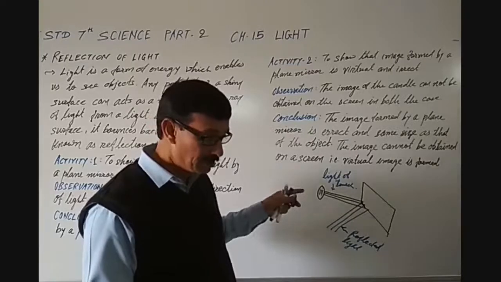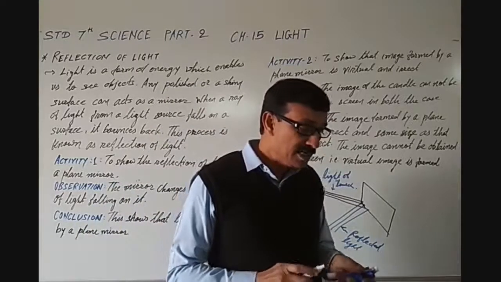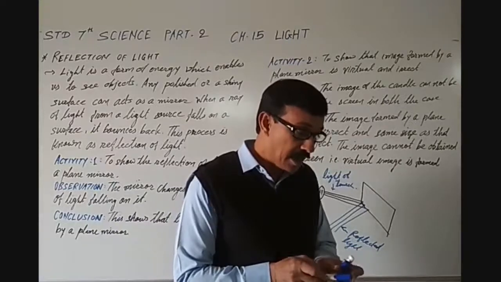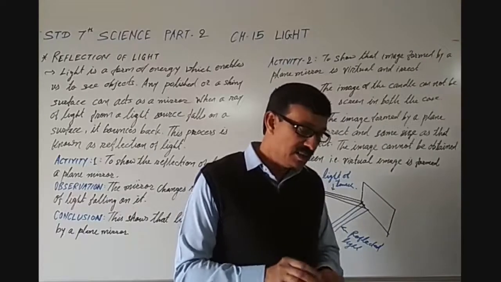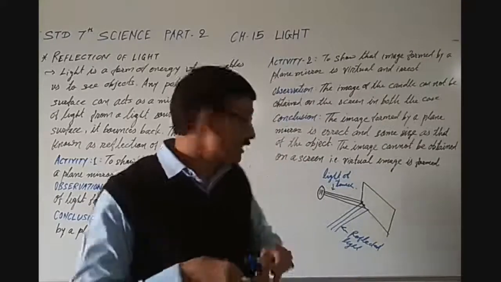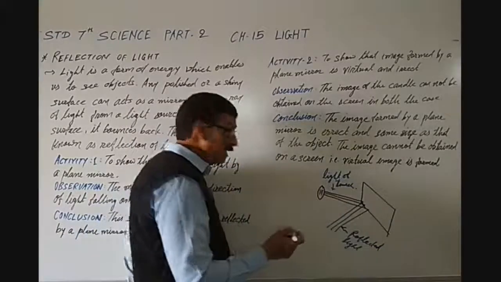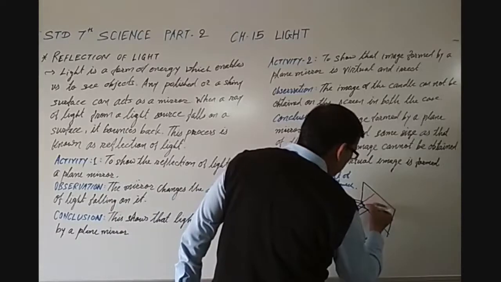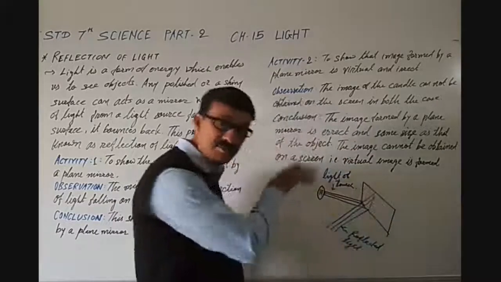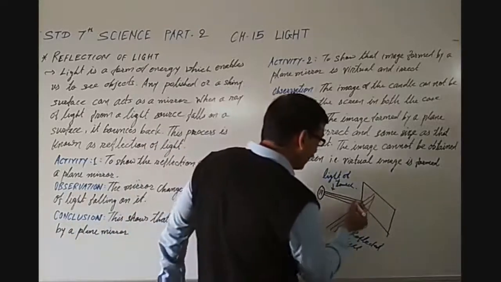Is it happening? Okay. Then look into the mirror around the direction of the reflected light. Do you see the slit in the mirror? This is the image of the slit. See, if you look in the mirror, then you will find, somewhere inside the mirror, these three slits. Actually, this is the image.